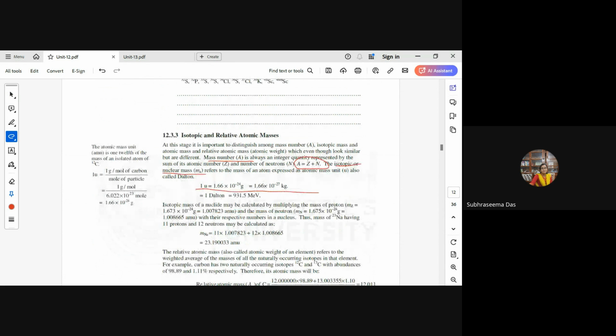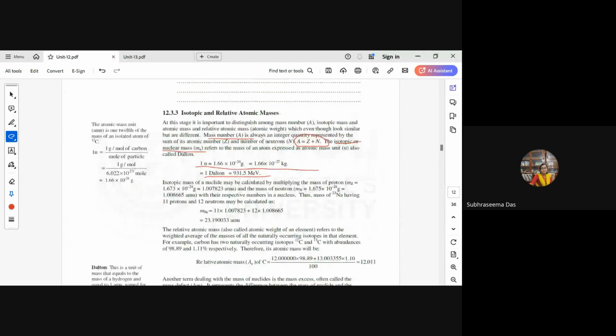This equals 1 Dalton, which further is equal to 931.5 MeV, where MeV represents million electron volts, sometimes referred to as mega electron volts, but mostly in common notation we say million electron volts.